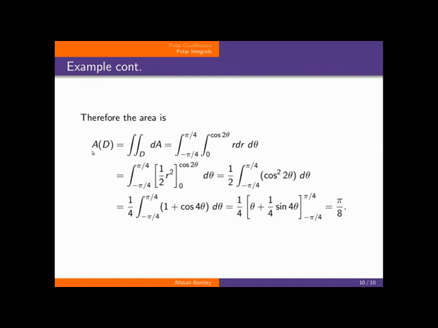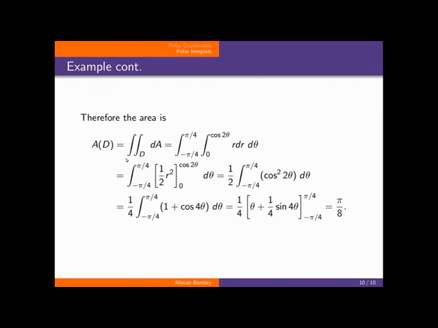Indeed, if we want to find the area of the region D, or the area of one leaf of the curve, we're going to integrate over that region, but we're going to integrate the constant function. So we're really integrating the function 1, and often that 1 is just omitted. So you'll see an integration that looks like this when you're looking for the area of the region.